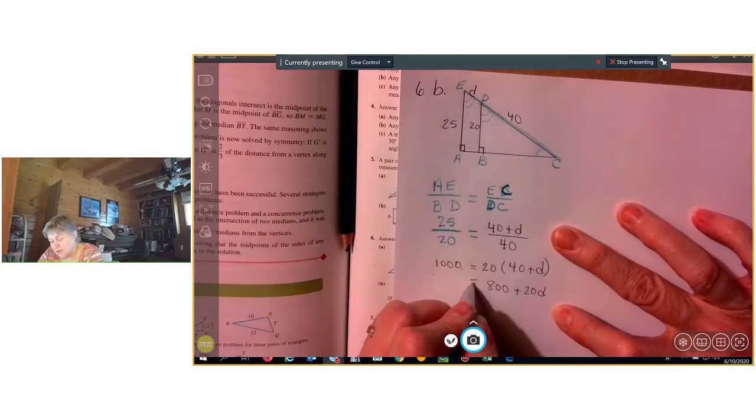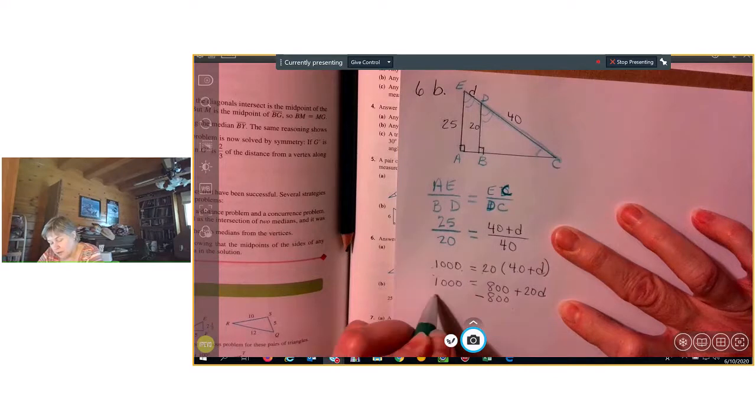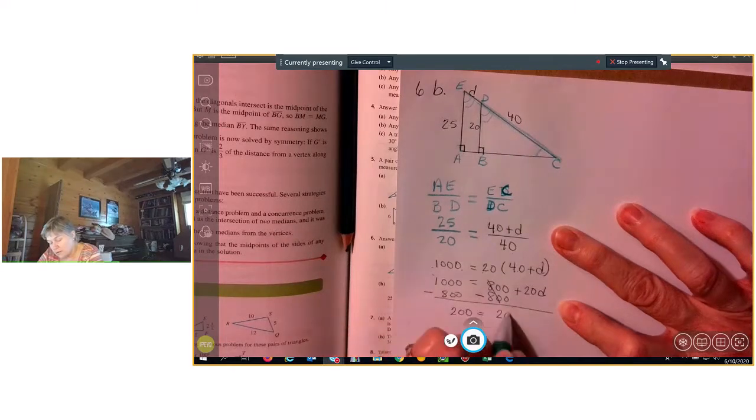So that's 1,000 equals 20D. We're going to subtract the 800 from both sides. So we have 200 equals 20D. Divide by 20. And you're left with 10 equals D.